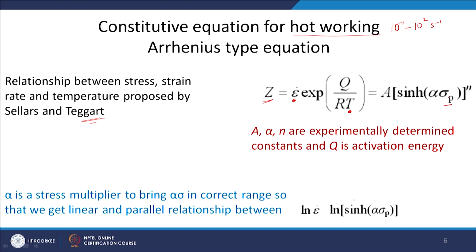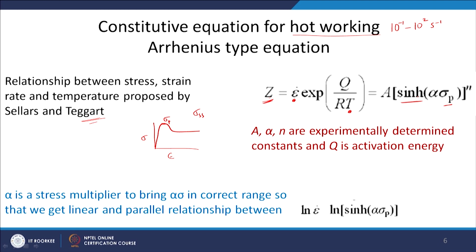We are taking here P, I am using it for saying peak stress, okay. So, when you are deforming the material, okay, if you remember, if you have a single peak, this is my peak stress sigma p, okay. So, sometimes you can use steady state stress, okay, or peak stress, okay. So, here we are using peak stress to find out the constitutive equation, okay. So, this stress is actually related with the Zener-Holloman parameter here by this sinh (hyperbolic sine) equation, okay.